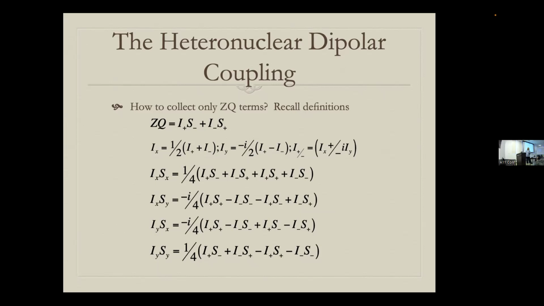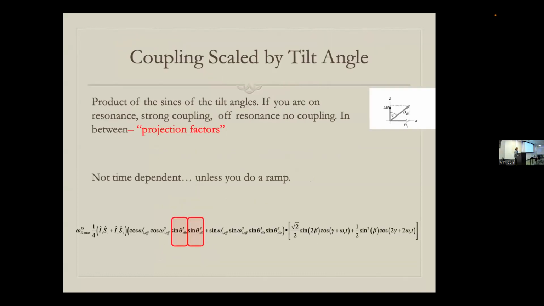So I've worked these through and made a table for you, but let's notice that each one of these terms showing up for us, that's just two Cartesian components for the two spins glued together, in general has zero quantum type operators and double quantum type operators in it, and there are no Zeeman or zero order terms. Each one of these is like that. And I think what we want to do is to pick out where the zero quantum terms are and what their time dependence looks like. At least that's the strategy I picked here.